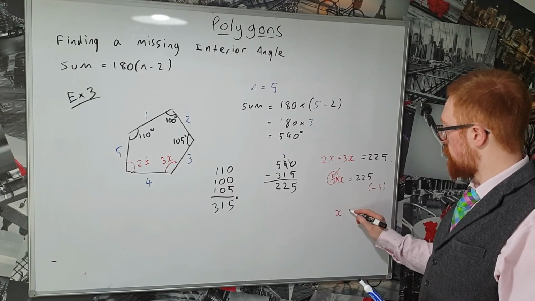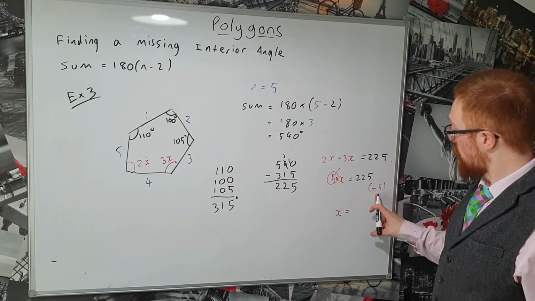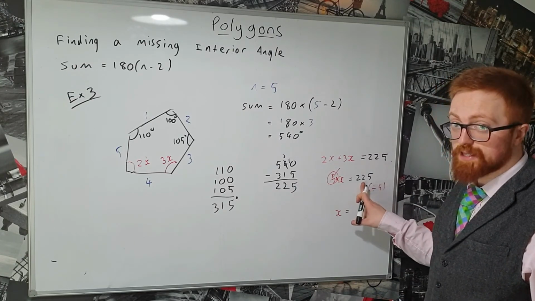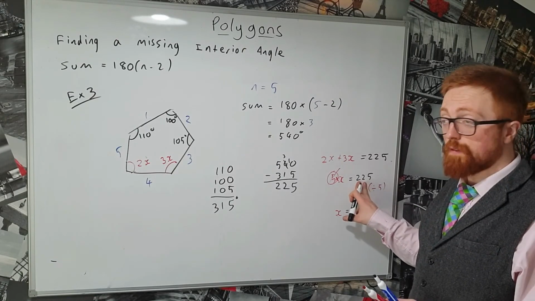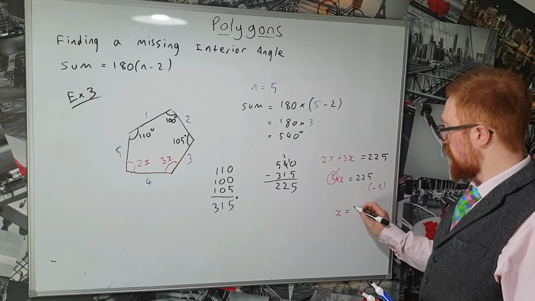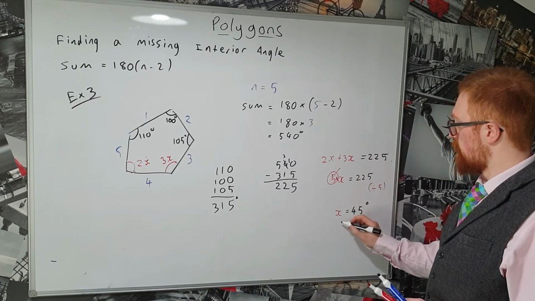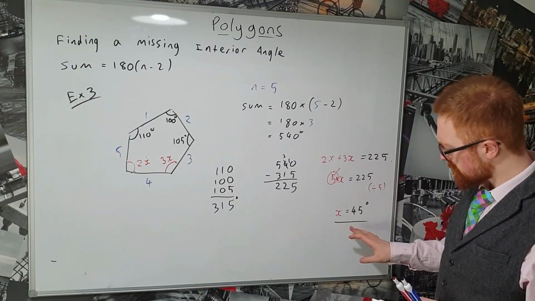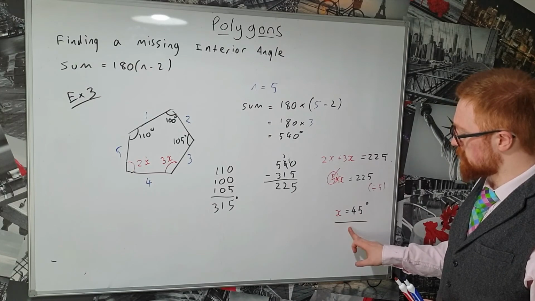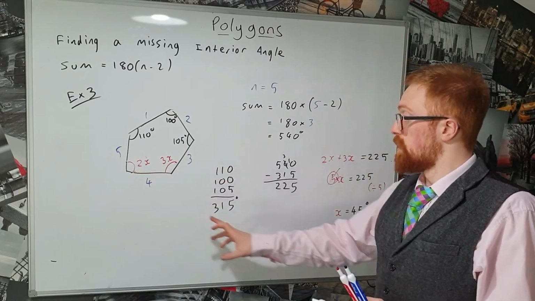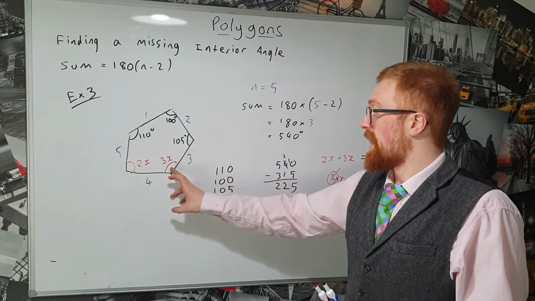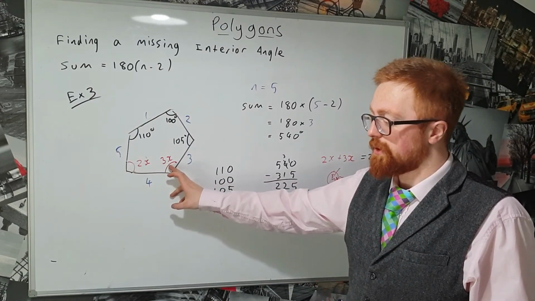And then 225 divided by 5, well, the easiest way to do it is to double this and then divide it by 10. So double 225 is 450, and then divide that by 10 gives me 45 degrees. So our final answer is that x is equal to 45 degrees, which means that this angle is equal to 90 degrees, and this angle is equal to 135 degrees.